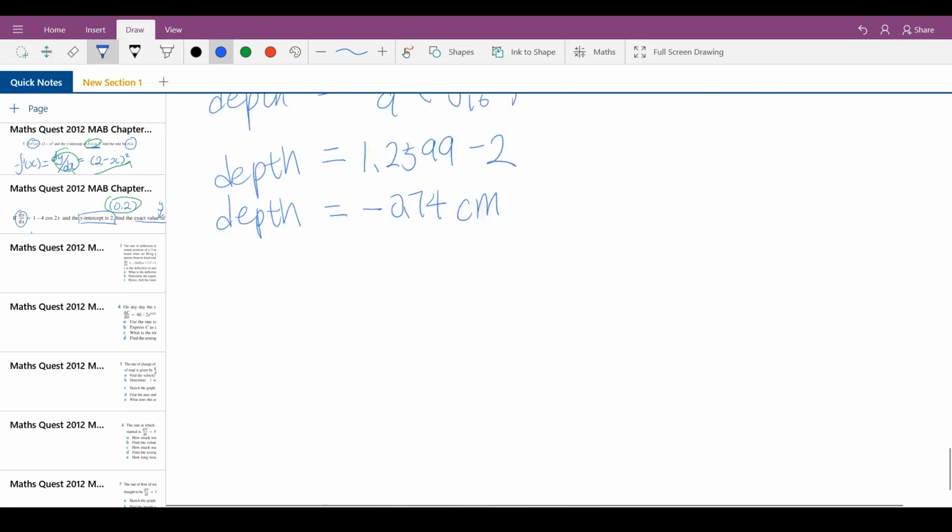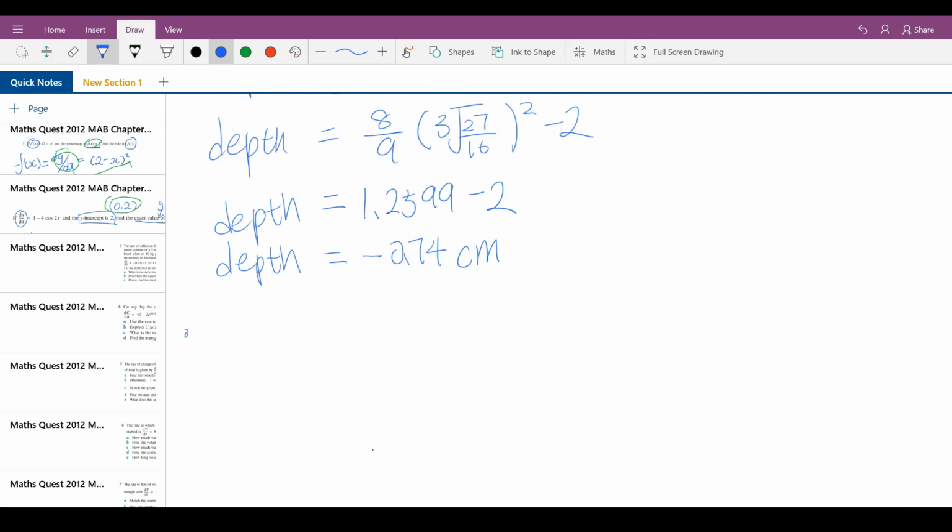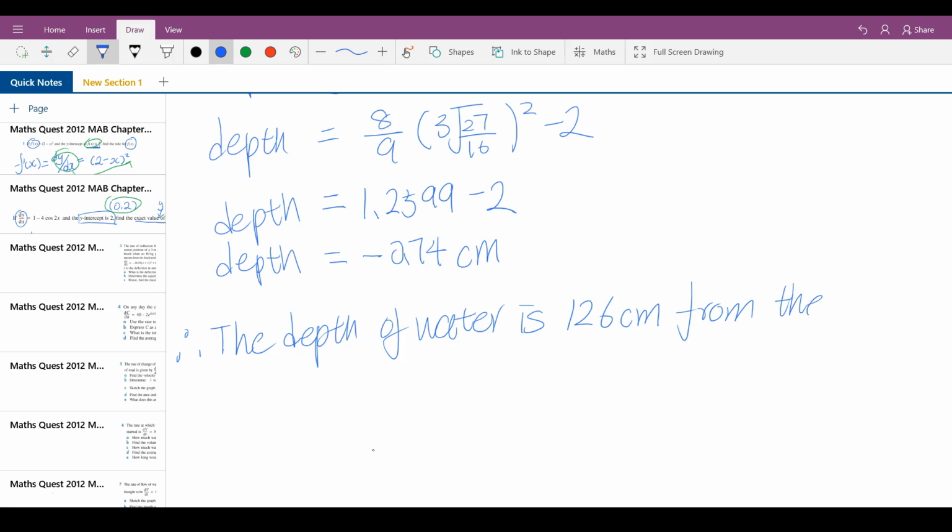Therefore, the depth of water is 126 centimeters from the bottom to the top. Counting the other way, it is negative 0.74.